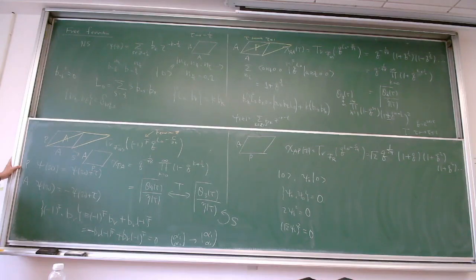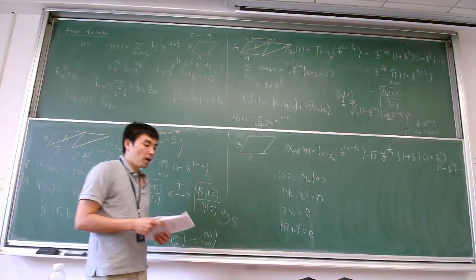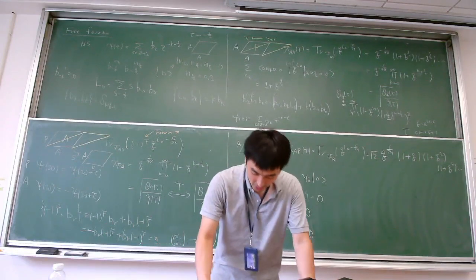Why do I get the square root 2? It should come from some zero mode. But I already forgot why I need to have the square root 2.